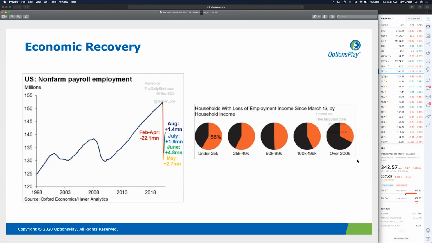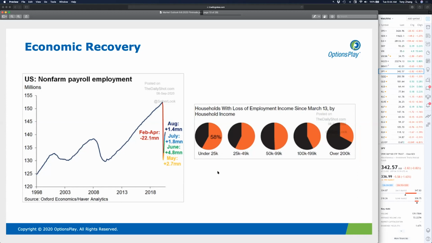So when we talk about a K-shaped recovery, there's a lot of talk now, instead of a V-shaped recovery, you have what's called a K-shaped recovery, meaning you have two segments of the market, the higher income segment seeing this type of V-shaped recovery, and the lower income segment seeing more of a W-shaped recovery. And we're starting to see this in the economic numbers here. So this is one that I do think is worth paying attention to.